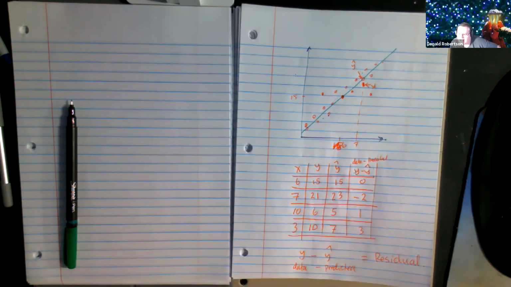Now, residuals are quite useful things to calculate. One of the things they tell you is, in one way of looking at this, isn't a residual an error? How much you were wrong. I predicted this, but it was really that. In this case, the data take away the prediction was -2, right?